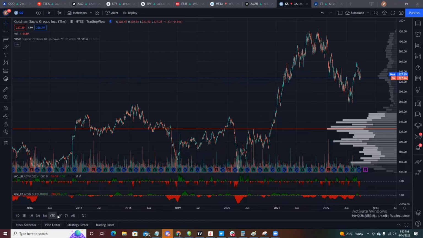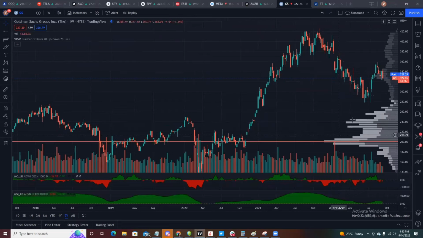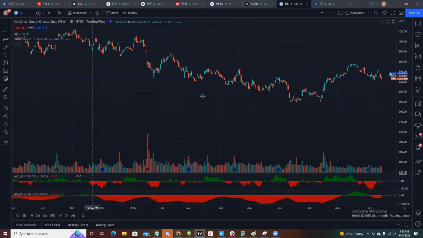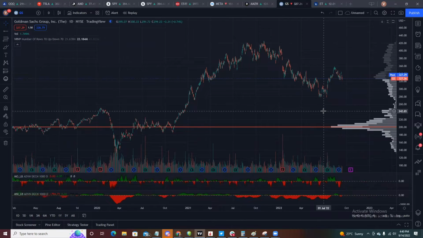So if you look at a yearly chart, for example, you're going to have a specific distribution. If you look at a 5-year chart, you're going to have a different specific distribution, whatever the case may be, right? So just keep that in mind when you're drawing your levels and when you're zooming in and out of this chart. The levels are going to stay fairly consistent if you look at these large distribution blocks naturally, but just keep that in mind as you're going through this and your technical analysis.